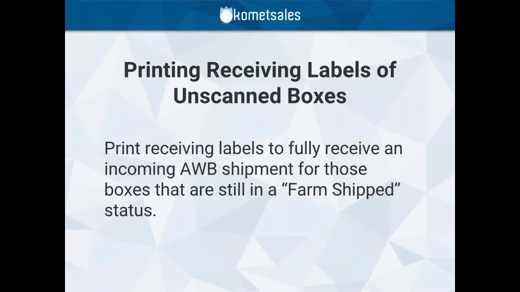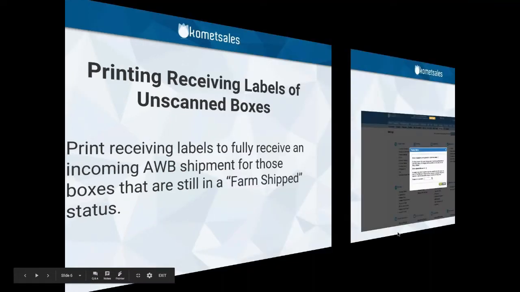You were able to finger count and come up with 250 boxes. We are somewhat 99% sure all of the boxes are there, so instead of scanning all the boxes, we can actually mark them as scanned within our Komet system, so that we can mark them as received and change the status from farm shipped.